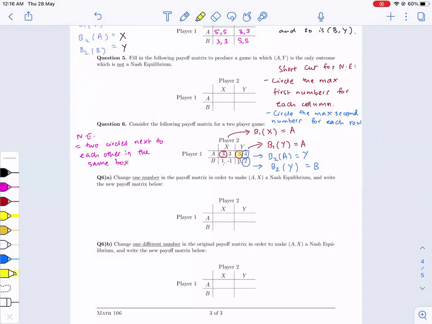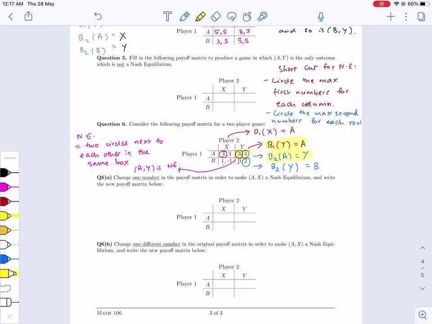So in this case, this box here has two circles next to each other. So this outcome, which corresponds to A and Y, is a Nash equilibrium. And why is that? Because they are best responses to each other. You see that A is the best response to Y, and Y is the best response to A. Okay.